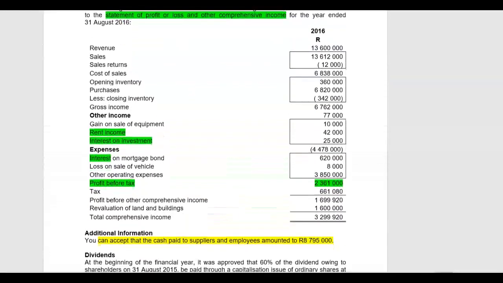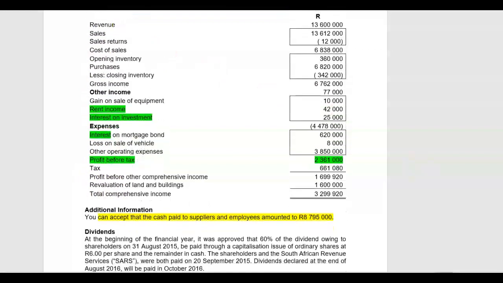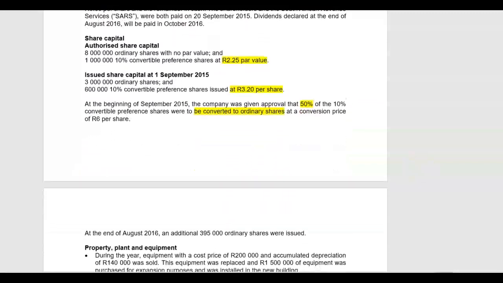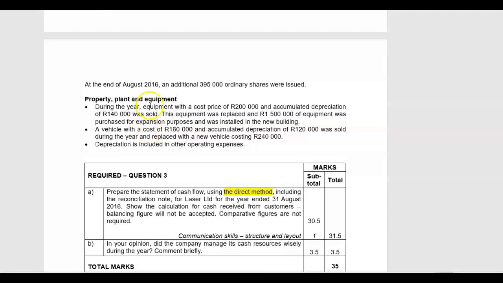Then in our statement of profit or loss, we see that we have here a gain on the sale of equipment, loss in the sale of the vehicles. So there is nothing about land. And then here in the property, plant and equipment section, during the year equipment, that is all about equipment, and then the vehicle, and then depreciation is included in other operating expenses. So obviously there's nothing more about land.